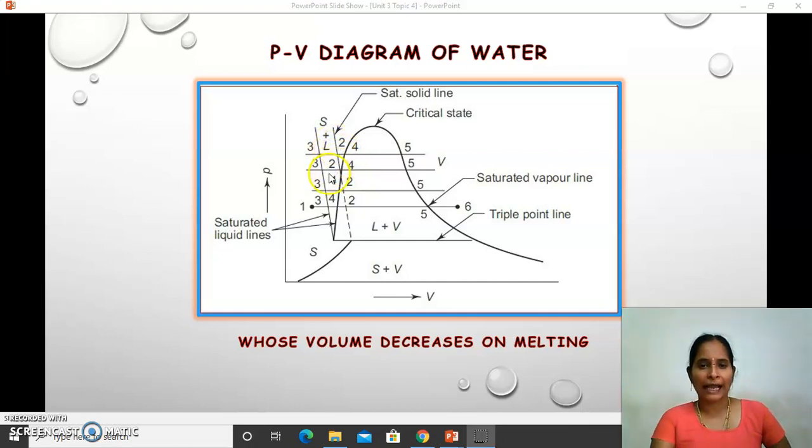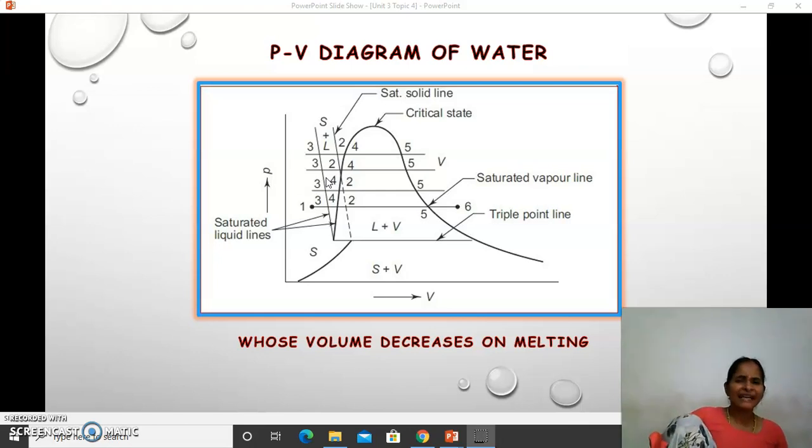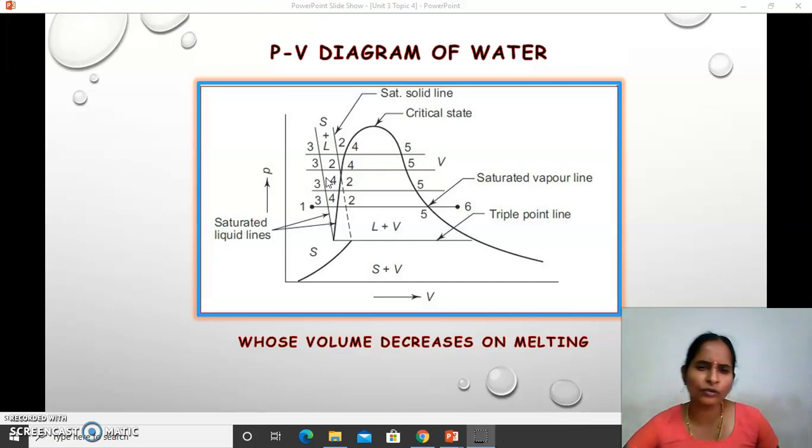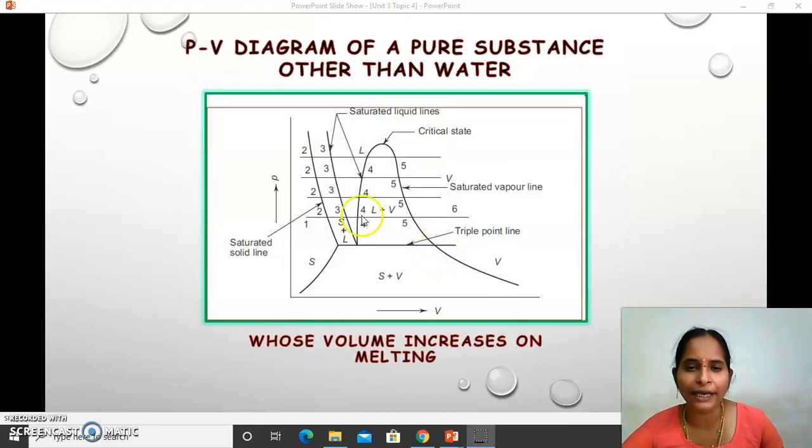The state 2 is nothing but the ending at 0 degrees Celsius. 2 to 3 is the volume reduction. That's why this 3 is going out here. But here 2 became the end line, and 3 has come inside, right?